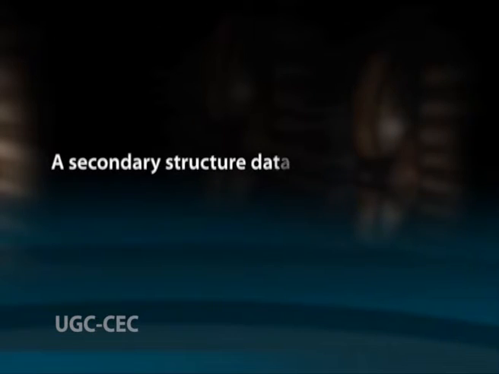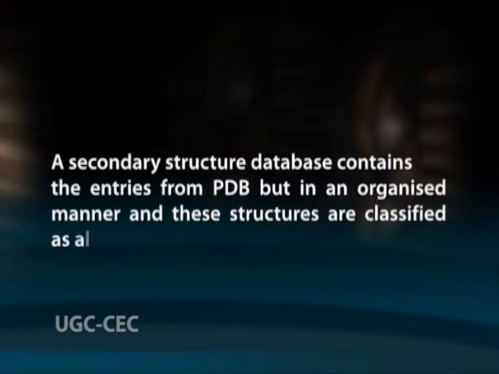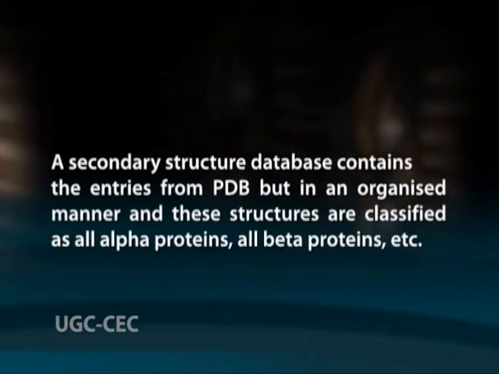A secondary structure database contains the entries from PDB, but in an organized manner, and these structures are classified as all alpha proteins, all beta proteins, etc. It also contains information about the conserved secondary structure motif of a particular protein.